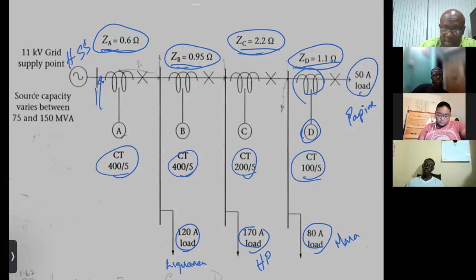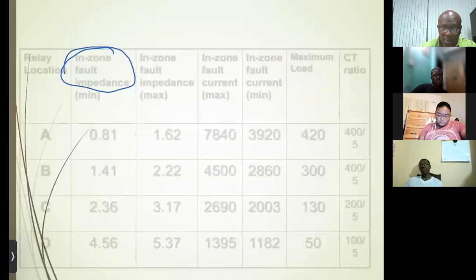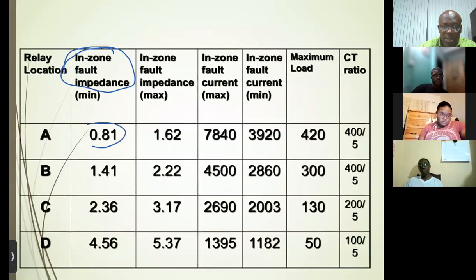So for that point, when we get the 0.81, we calculate the impedance as per the two transformers connected in parallel. So the voltage there is 11 kV.